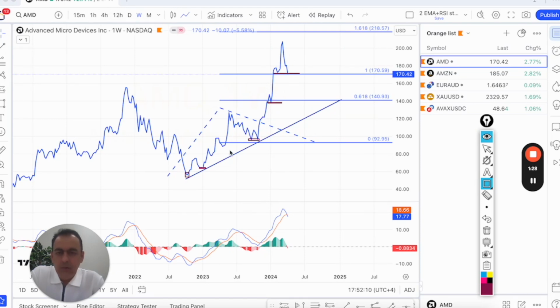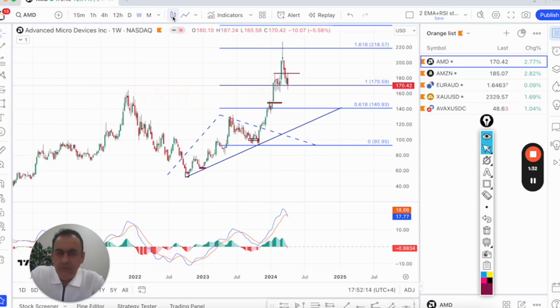Right now, if we have plotted fib extension in the upward direction, so this stock has risen to the fib extension level of 1.618, and the price level is 218. After reaching 218, it has started retracing back.